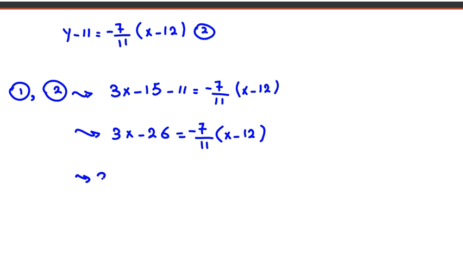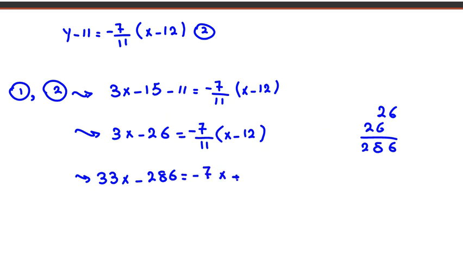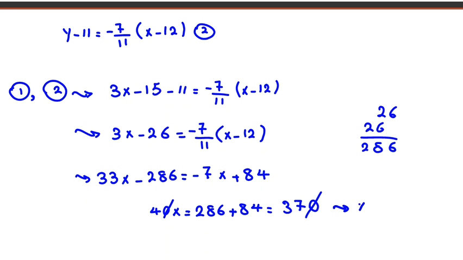When you multiply by 11, it will be 33x minus 11 times 26, which is 286, equal to minus 7x plus 84. Okay? 33x plus 7x is 40x, equal to 286 plus 84, which is 370. We divide both sides by 40 and x equals 37 over 4.